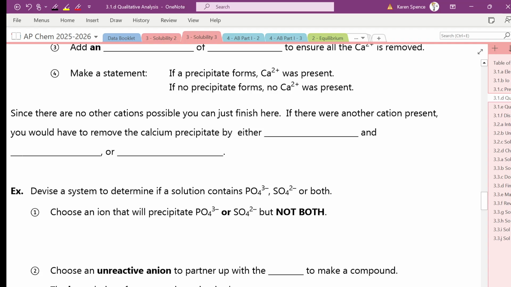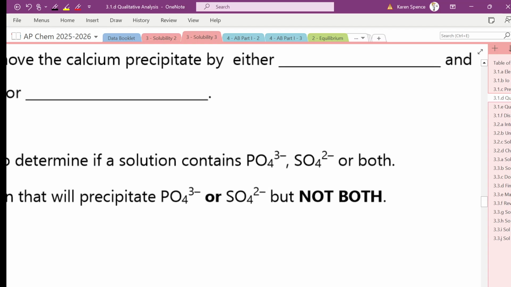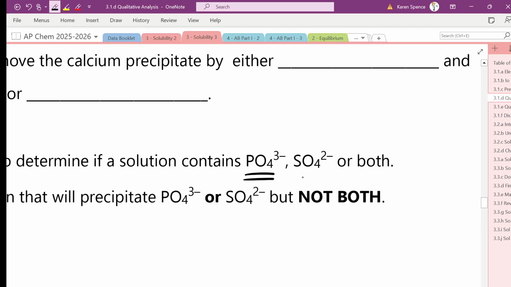Now we're going to try one where we're determining if we have PO4 or SO4. So last one we were trying to separate cations. This time we're trying to look at anions. Okay, so let's find something. Everybody go find something that will precipitate either phosphate or sulfate, but not both.